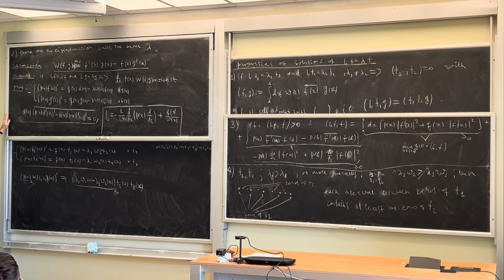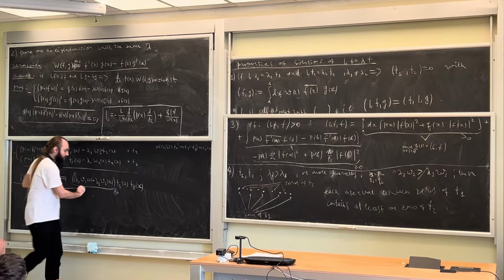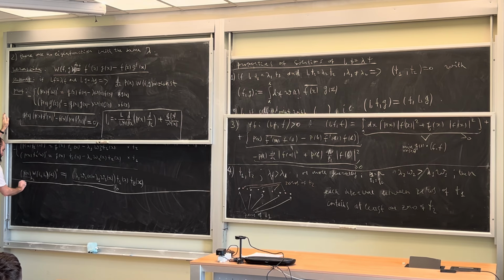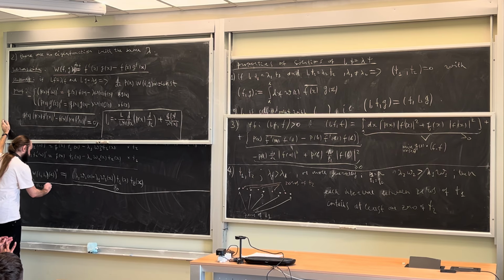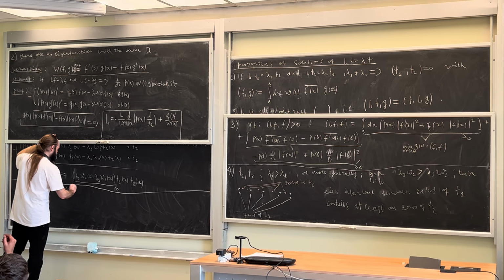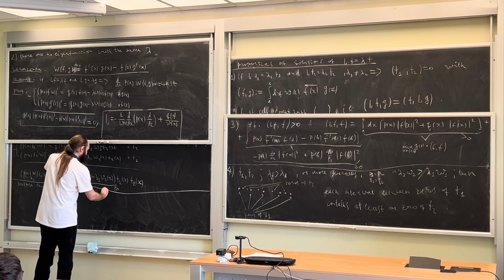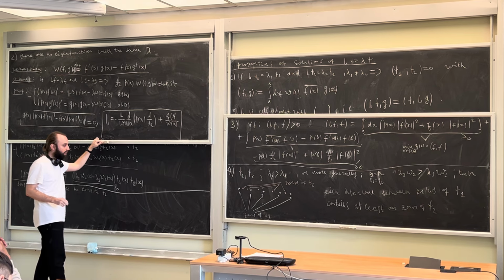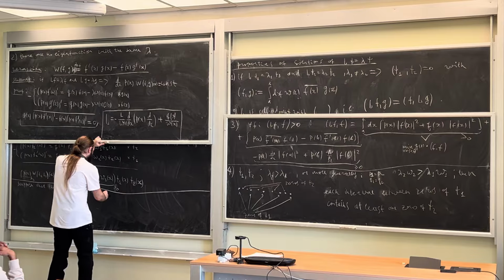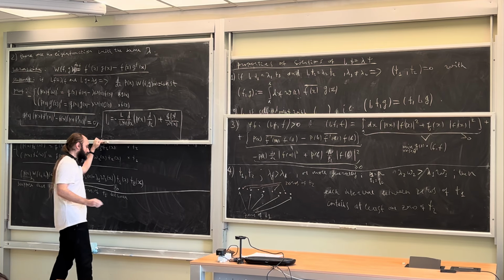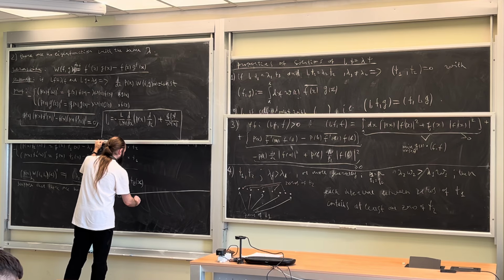So suppose there are no zeros of psi2 between two zeros of psi1. Let's call them c and d.